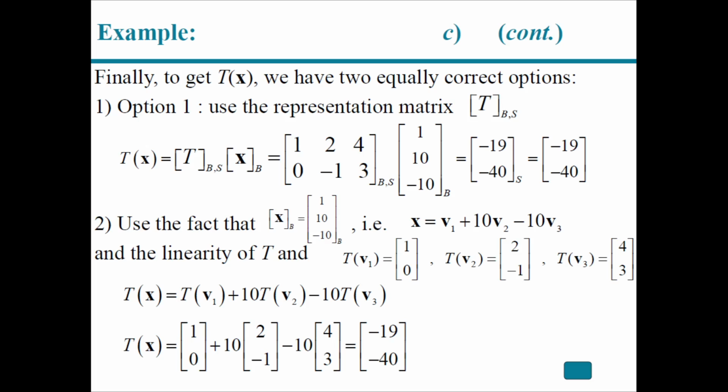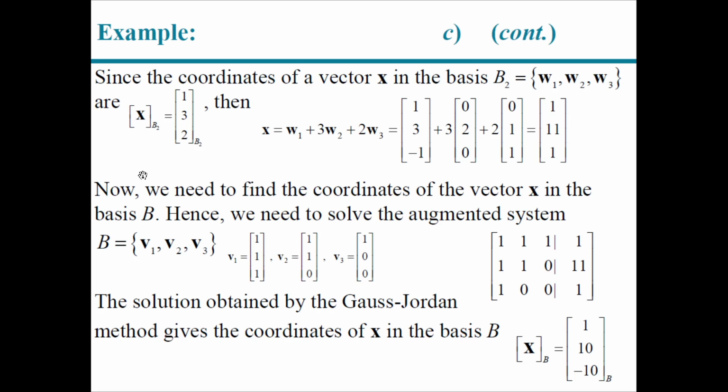You can choose the way you want to compute the final part, but what you needed is to find the coordinates of the vector x in the basis B in order to use the representation matrix, because that representation matrix is relative to the basis B for inputs and standard basis for outputs. As we said, at the beginning, we were given just the coordinates of x in basis B2, some other basis.